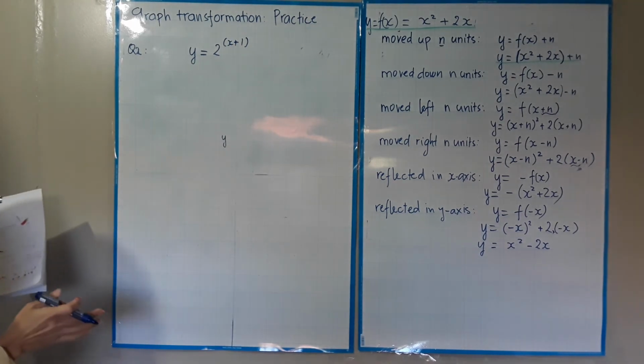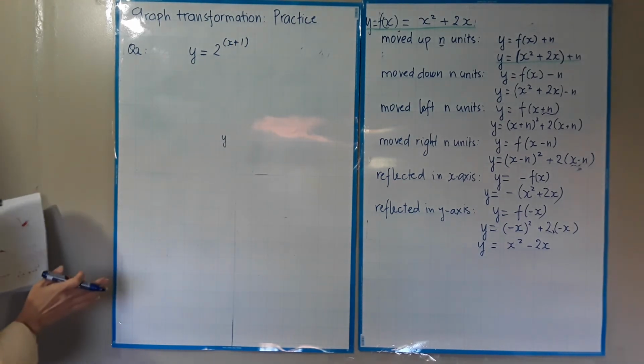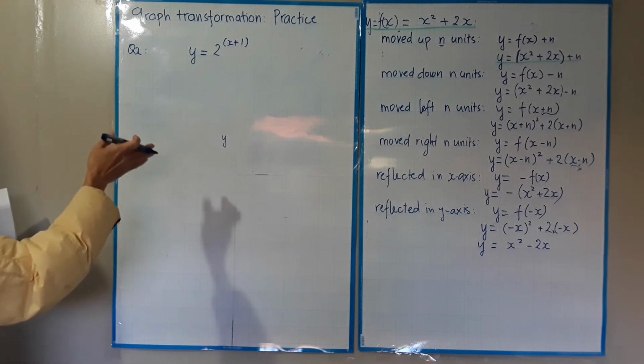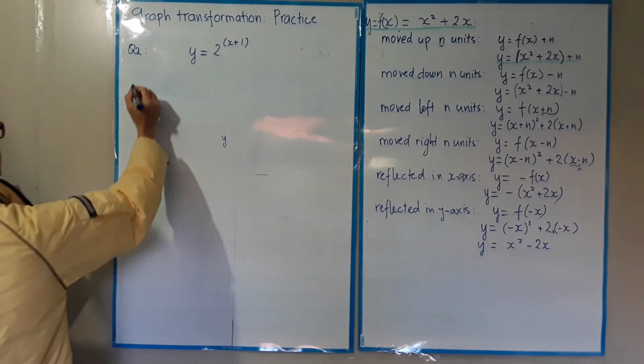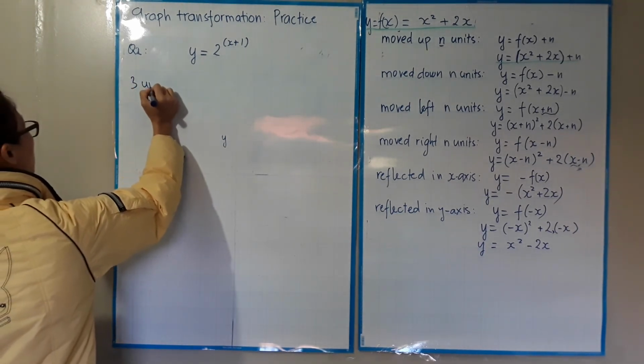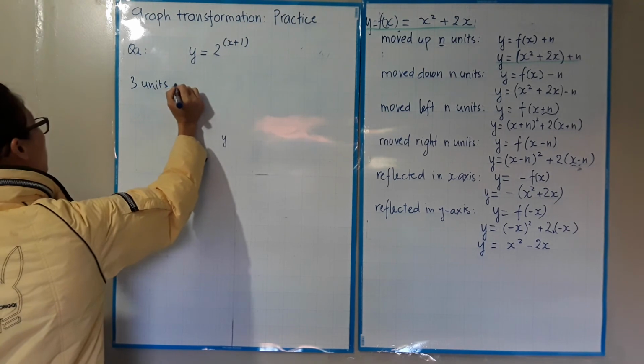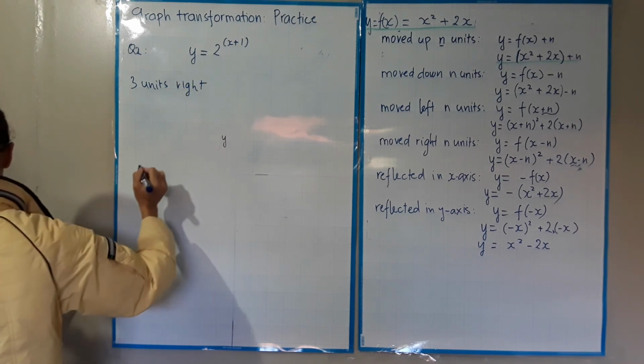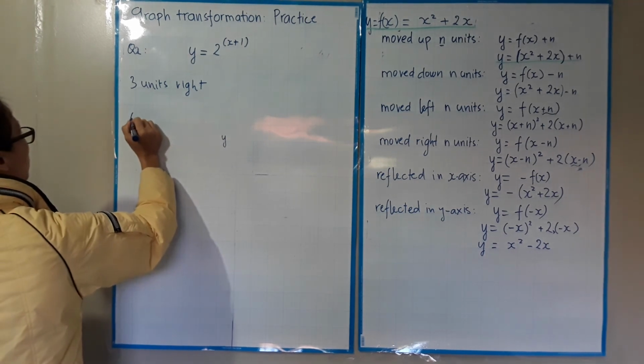And what did they ask? Write the graph if this one is moved 3 units to the right and 4 units up.